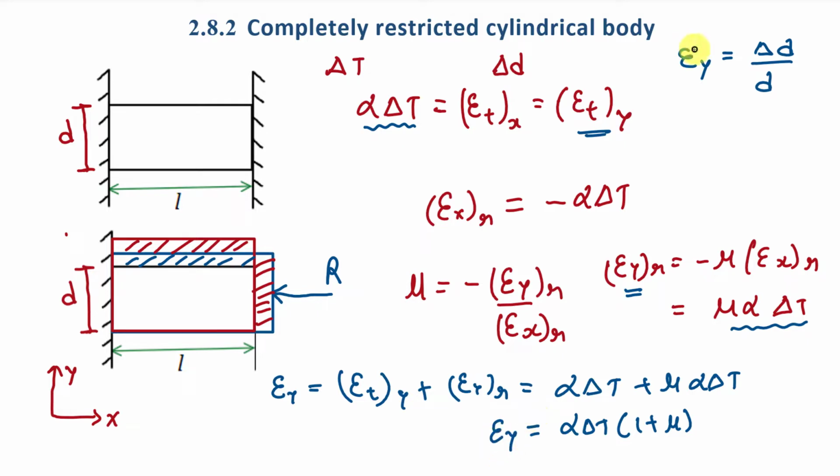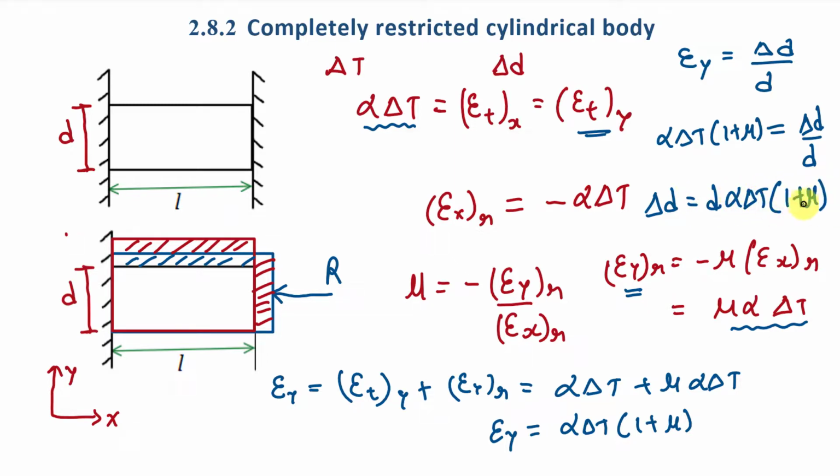Now we know that strain in y direction can also be written as delta D divided by D. So we can write that alpha delta T into 1 plus mu is equal to delta D divided by D. So from here we can write that delta D is equal to D alpha delta T into bracket 1 plus mu.